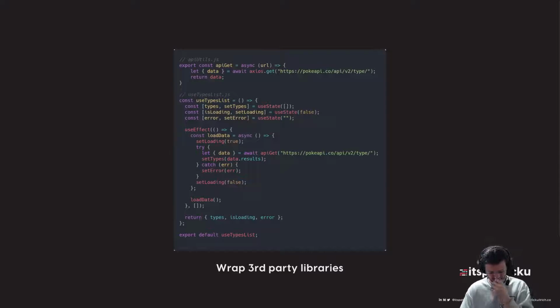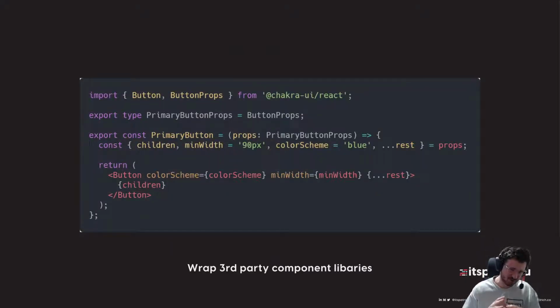So this one we see a lot, but one thing that I don't see enough, I believe, is you can also do this with your third-party components. So for example, if you're using Bootstrap, or here I'm using Chakra, if I have a design guide that says, hey, a primary button is blue, instead of just saying button color scheme blue everywhere and having a dependency on Chakra, I can create that primary button component that then renders the Chakra button.